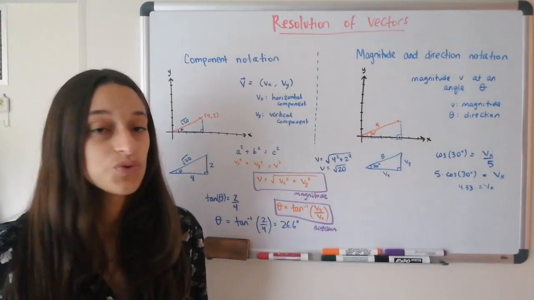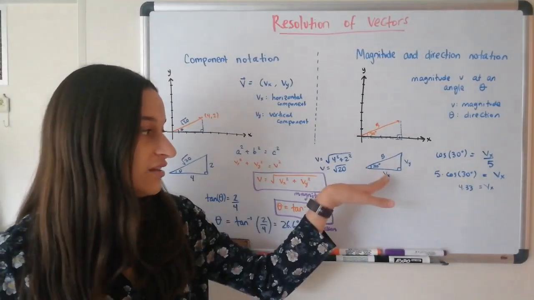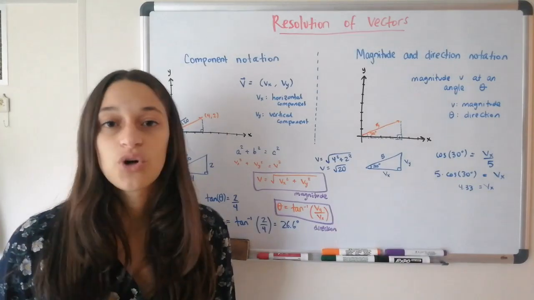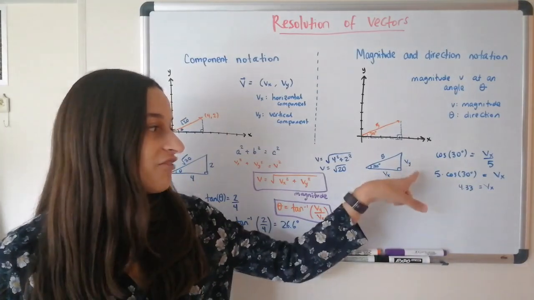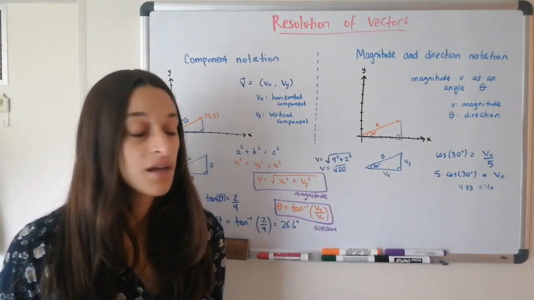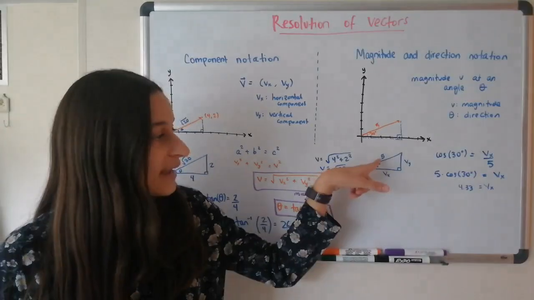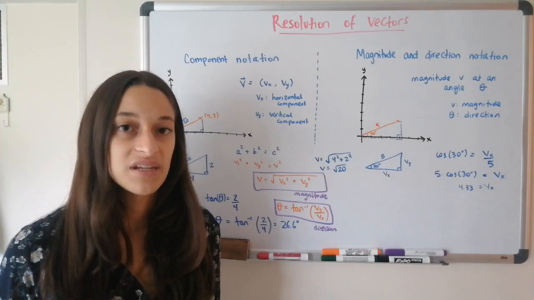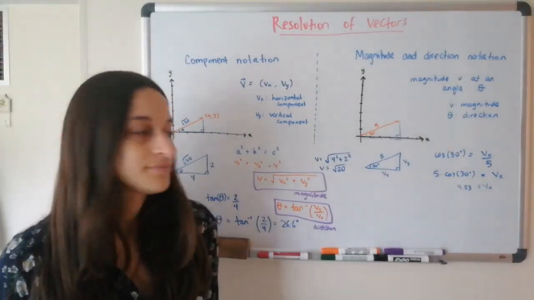And how do we do the other side? So we found already the horizontal component. And if we wanted to find the vertical component, cosine doesn't work anymore because now we have the opposite instead of the adjacent. So we have opposite and hypotenuse. Which of the three trigonometric functions uses opposite and hypotenuse? Sine.